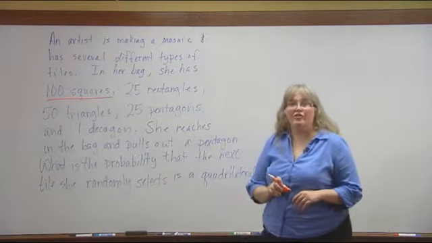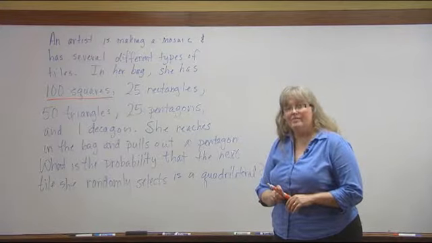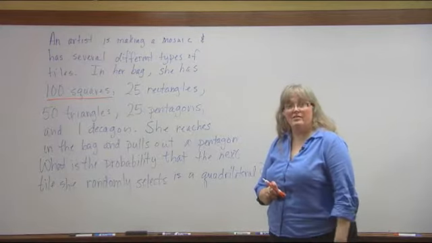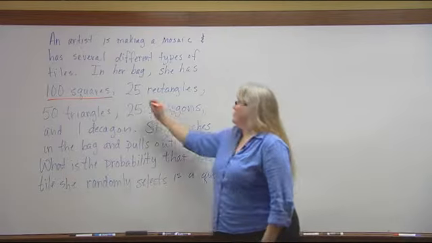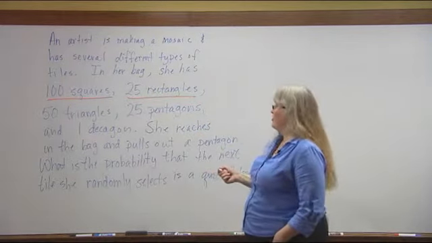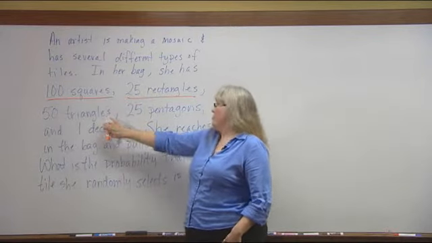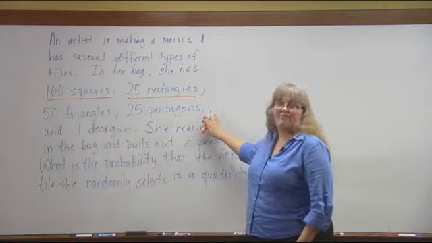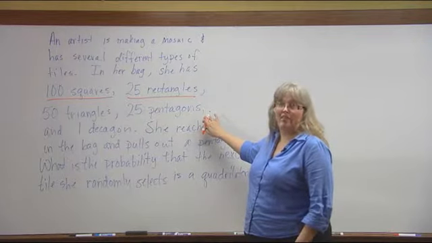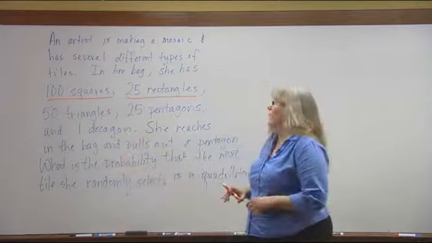Remember, quadrilaterals are polygons with 4 sides. Okay, so squares have 4 sides, so a square is a quadrilateral. A rectangle has 4 sides, so a rectangle is a quadrilateral. Triangles only have 3 sides, so they're not quadrilaterals. Pentagons have 5 sides, they're not quadrilaterals. And decagons have 10 sides, so those are not quadrilaterals.